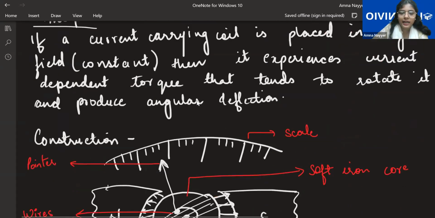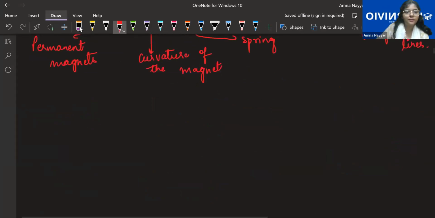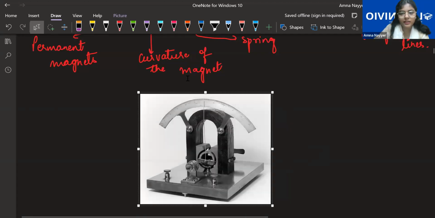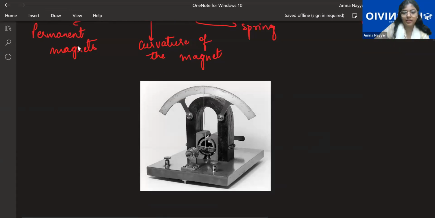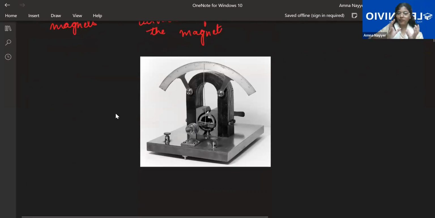How it works? I'll show you. See, this part will be a little clear if I show you. See, this is exactly the same as what I have drawn here, this is the inner part. When you cut through the galvanometer, see, this is the scale which is observable. This is the scale which is just visible to us. Here, can you see the magnets are there?